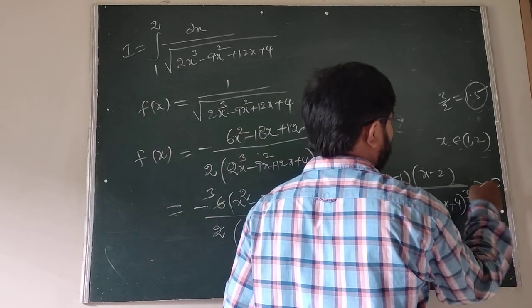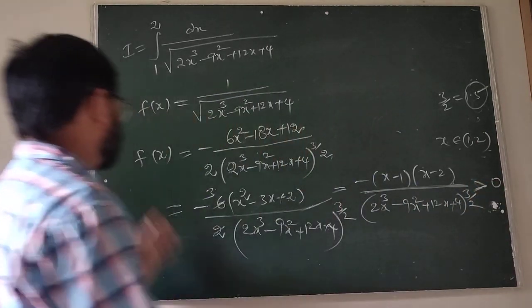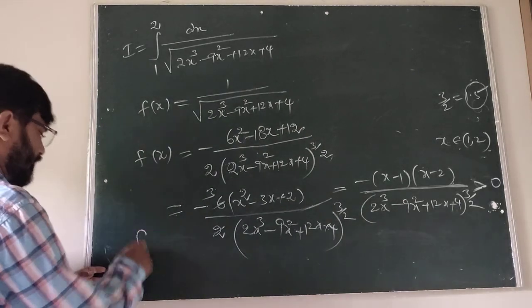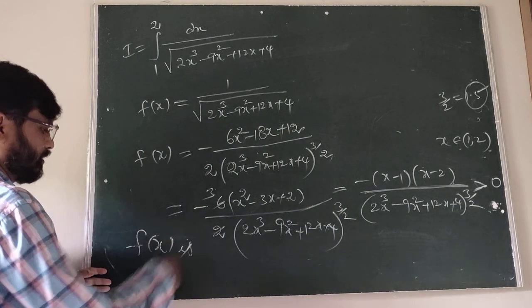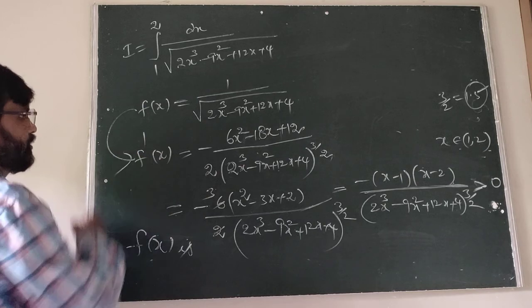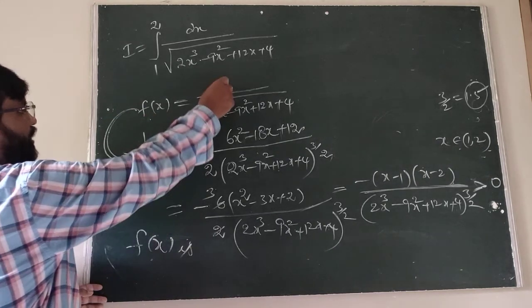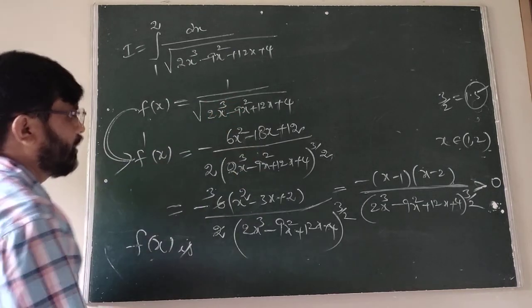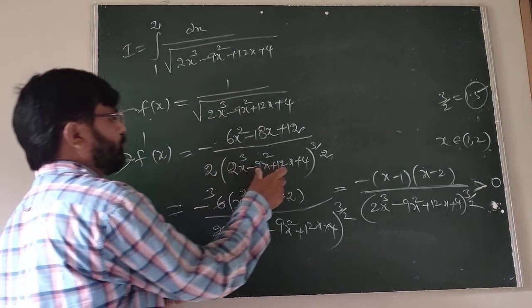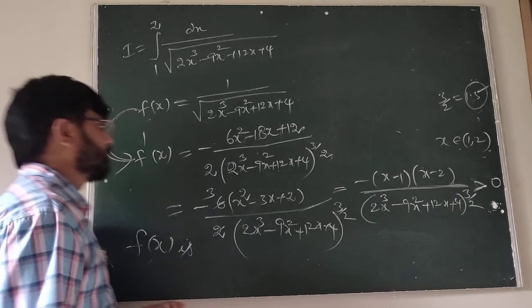Therefore, f of x, when this is the derivative, the derivative of f of x is f dash of x. The derivative of 1 by root x is minus 1 by 2 into x power 3 by 2. Then we also find this derivative.